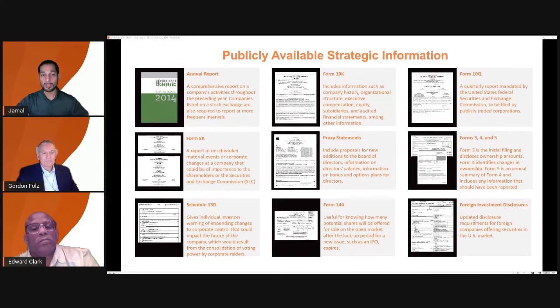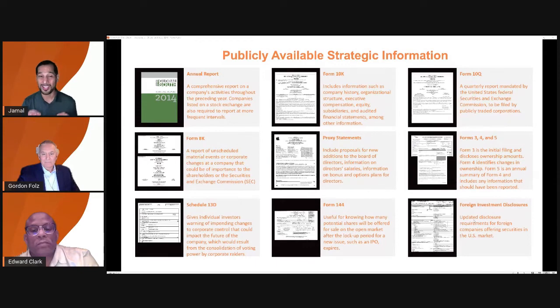Now, there are a whole slew of other documents I'm not going to get into too much, but a few I do want to call out. The Form 8K is also a really great document because basically it tells you any major changes of ownership or stakeholders that are changing within the company.